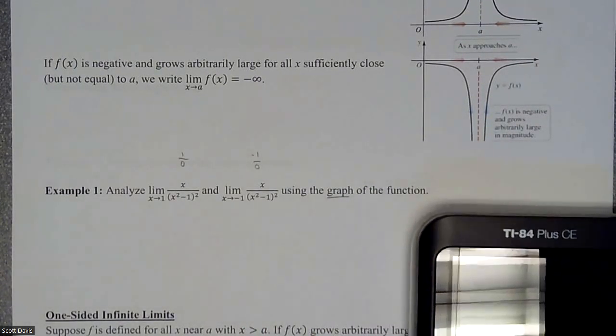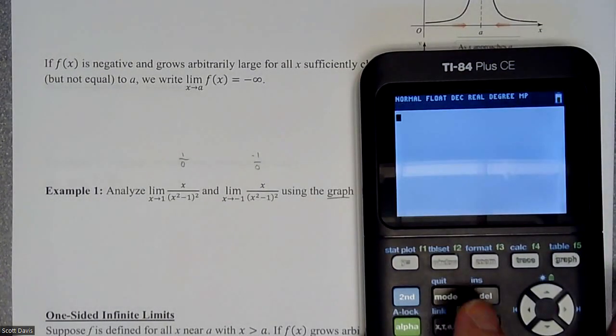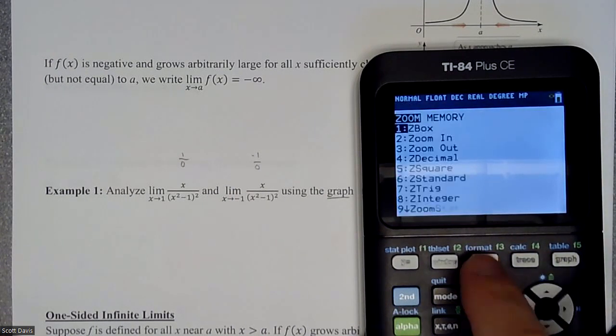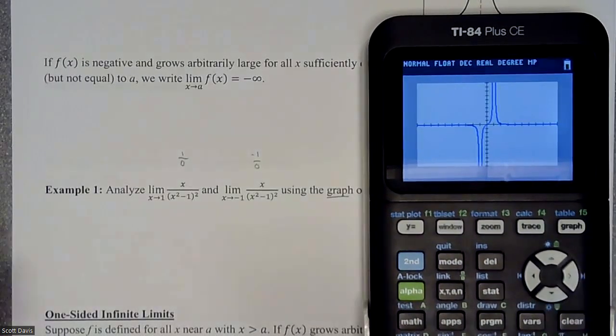We're going to plug it into the calculator and see what the graph looks like. So for y equals, we're going to do x over x squared minus 1 squared, and use a standard window. And there's our graph.